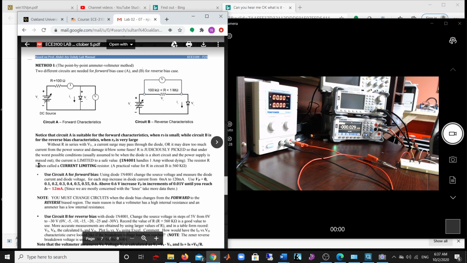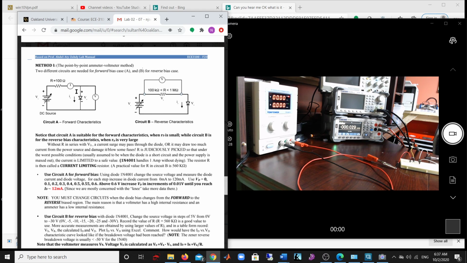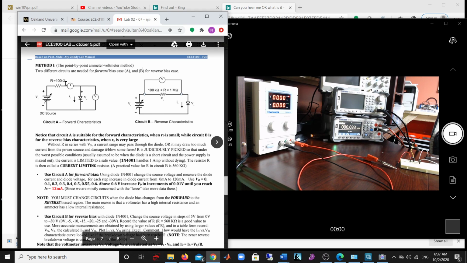And we need the current through the diode, the ID, as well. We have to connect a multimeter here. In order to measure the current in the lab, the multimeter's gotta be part of the circuit.